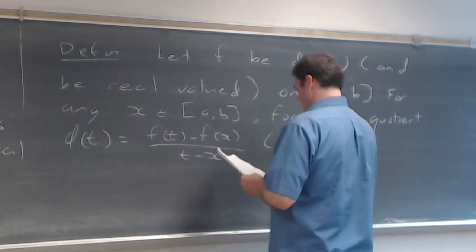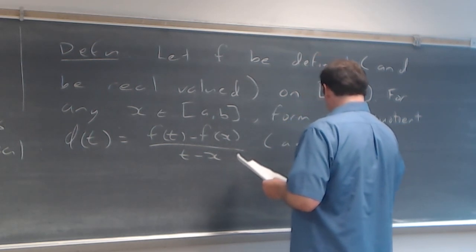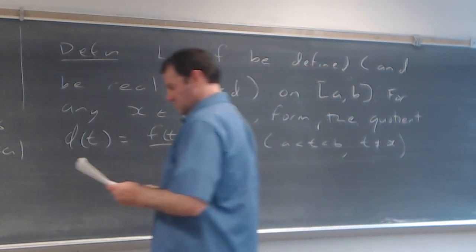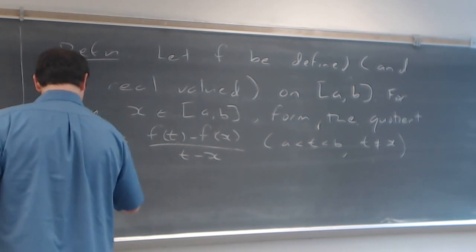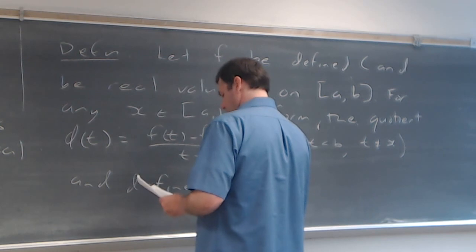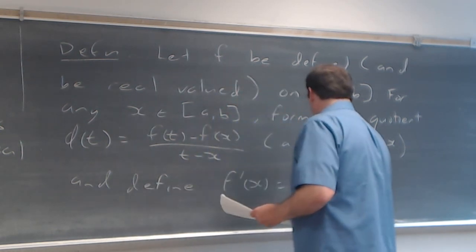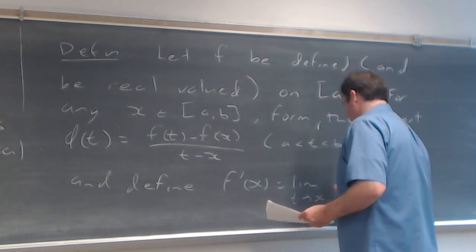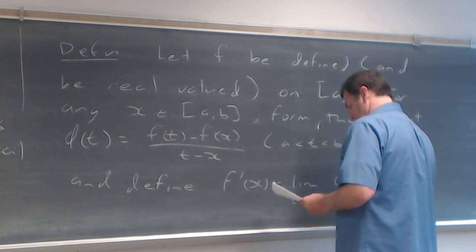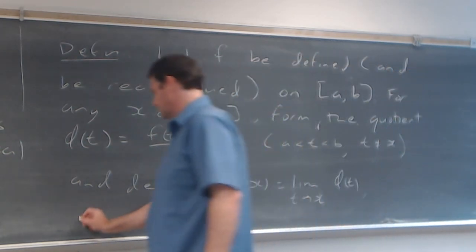And here we're thinking that t is between A and B, and t is different from x. And define f prime of x to be equal to the limit as t goes to x of phi of t, provided this limit exists.